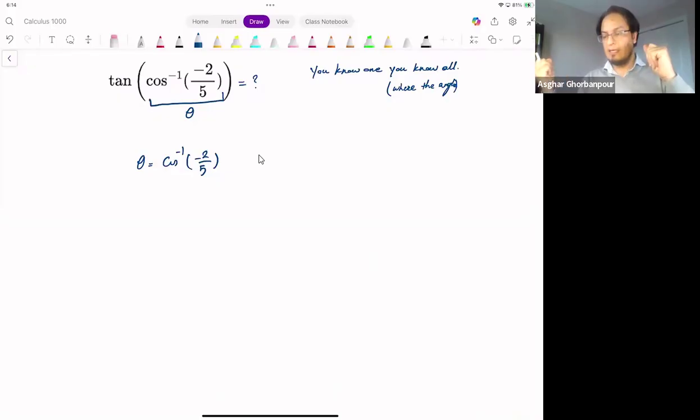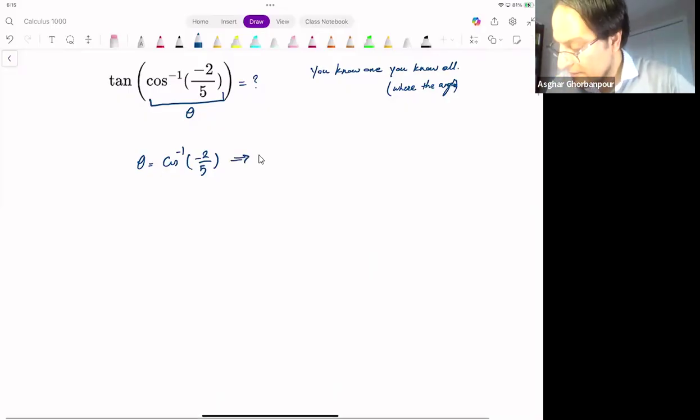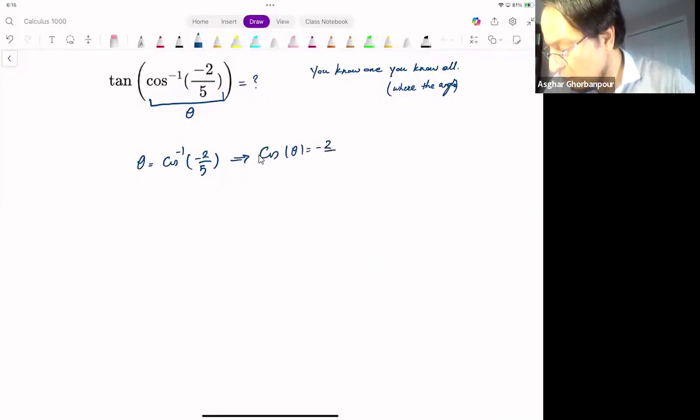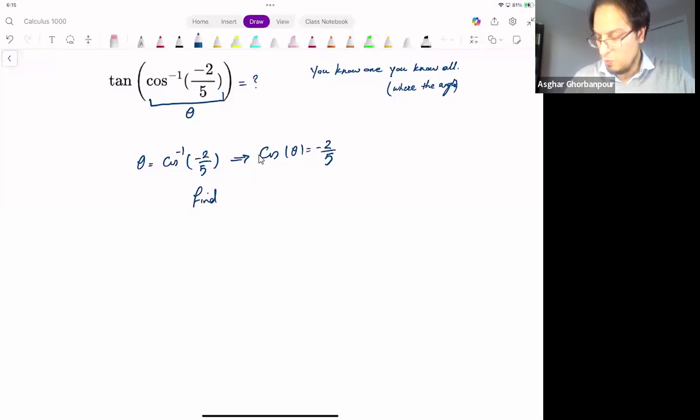But here we are not asked to find the cosine inverse of -2/5. What we are asked is to find tan of that. So in other words, we know that cosine of theta is -2/5, and we are asked to find what is tan of theta.